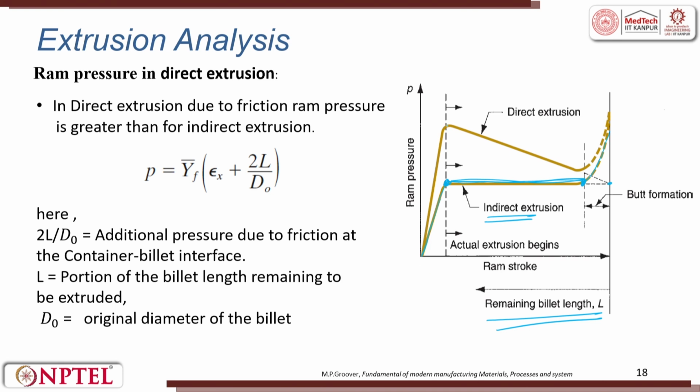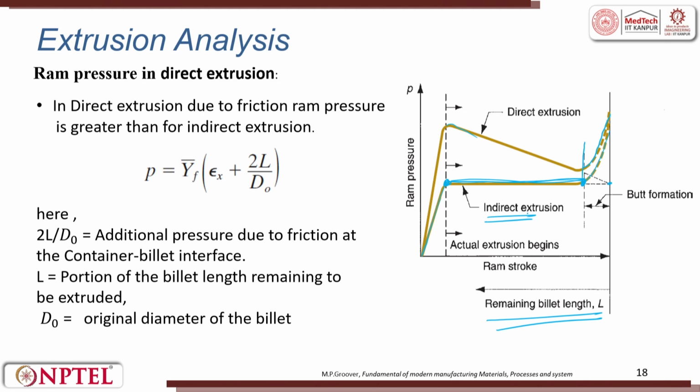There is an increase in ram pressure, and then there is a decrease in ram pressure because the workpiece is moving. So, you have a reduction in the pressure, and as and when the butt formation starts there, you can see once again there is an increase in ram pressure.